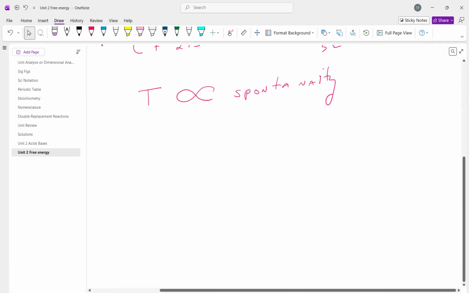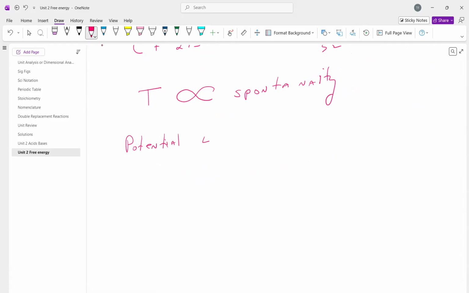Another one is potential energy. The fancy word for potential energy is enthalpy.